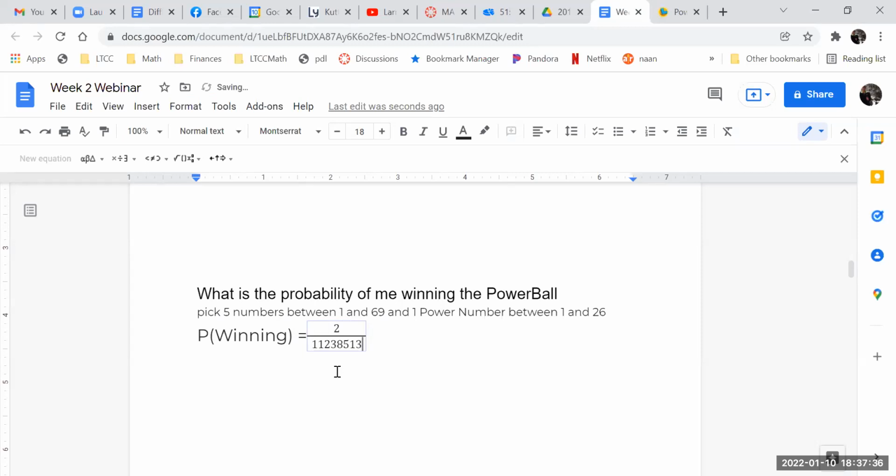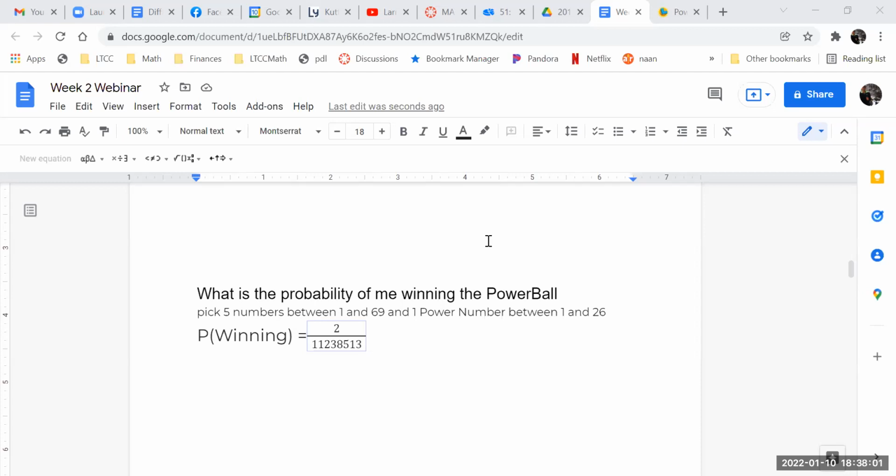But I'm not done yet because I also have to pick a Powerball number between 1 and 26. And I'll tell you, I picked an 11 and I picked a 1, or at least the computer did that for me when I bought the tickets. So how many ways are there of picking one Powerball number between 1 and 26? The hint is that's really easy. You don't need a calculator for that.